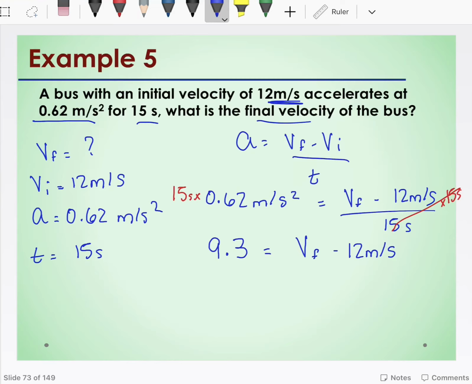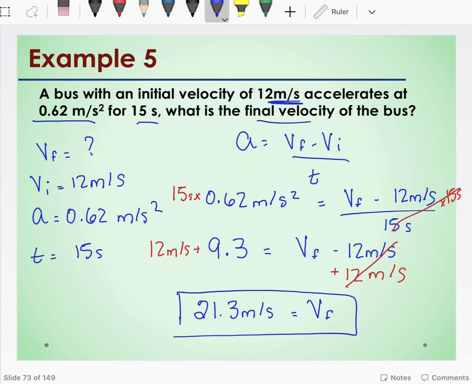Okay, I'm solving for VF, so I need to move the 12. So I add, opposite operation, 12 meters per second. And then I do that math. 9.3 plus 12 is 21.3 meters per second equals VF.